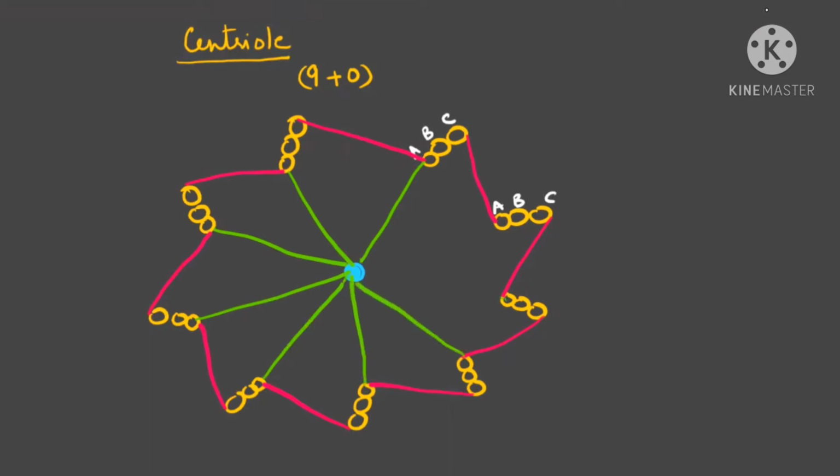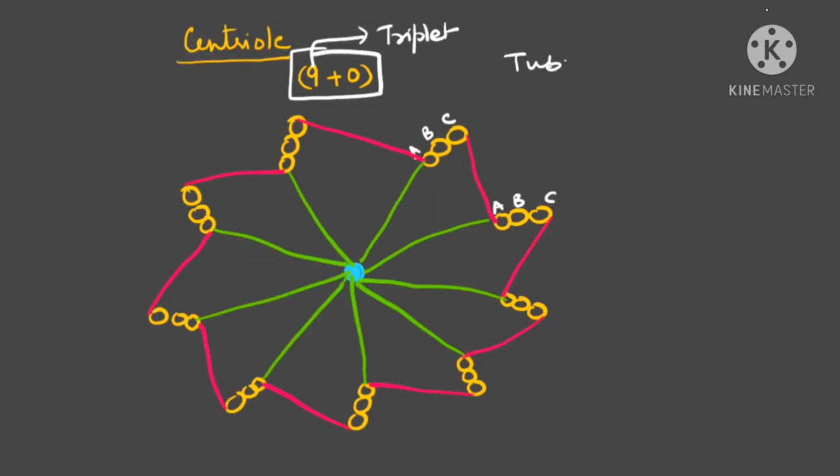And in the center, nothing is there. Center is 0. That is why we say 9 plus 0 arrangement. Understood? The name is given 9 plus 0. And this 9, which is at periphery, is triplet, made up of tubulin protein.